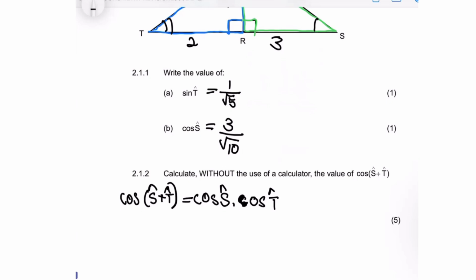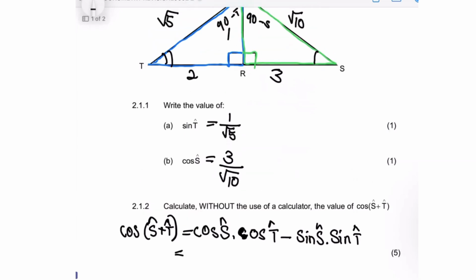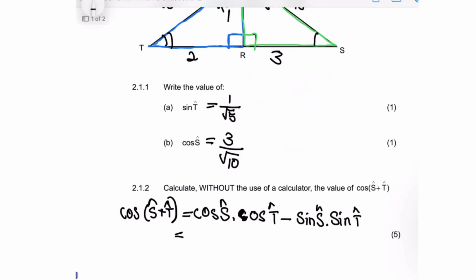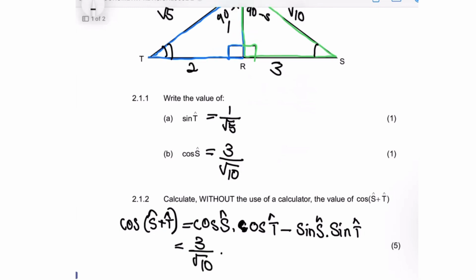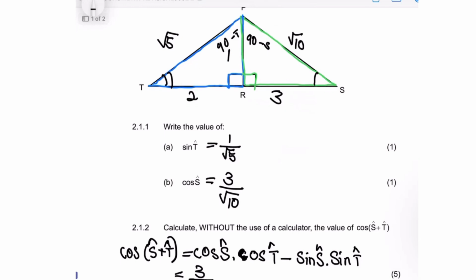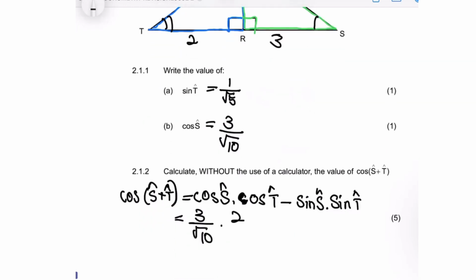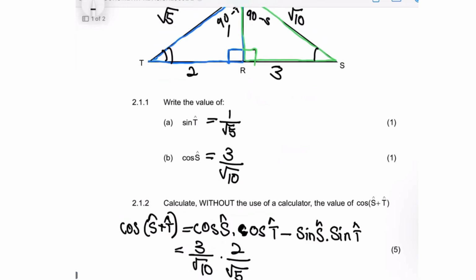Because it's cos, the sign will change, becoming minus sin s times sin t. Now you substitute. What is cos s? Cos s is 3 over square root of 10. What is cos t? Cos t is adjacent 2 over hypotenuse, which is square root of 5.